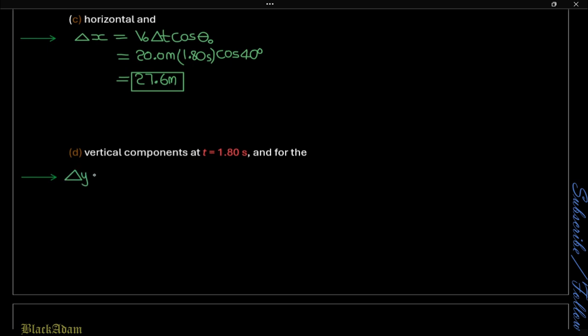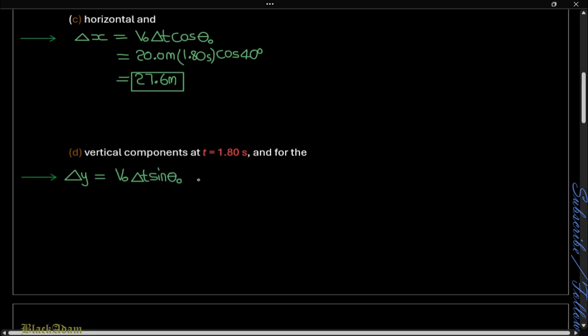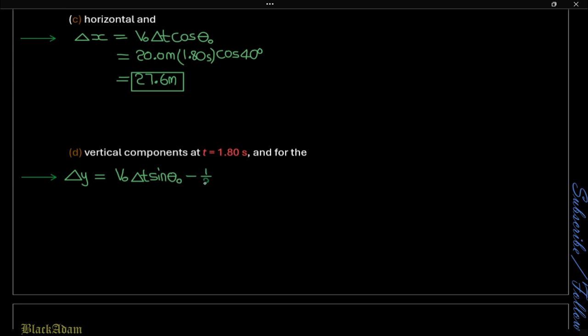Moving on to the next question, the change in y, the vertical change. That's the initial velocity multiplied by time multiplied by sine of the angle, minus half g multiplied by the change in time squared.